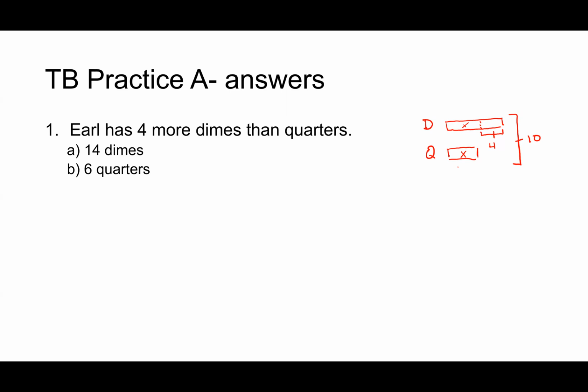He would have 10 coins altogether, but that doesn't fit. What's another one? 3 and 7. He could have 7 dimes and 3 quarters. Does that equal 10? Does he now have 4 more dimes than quarters? If we label this 7 and this 3, is everything true on that?